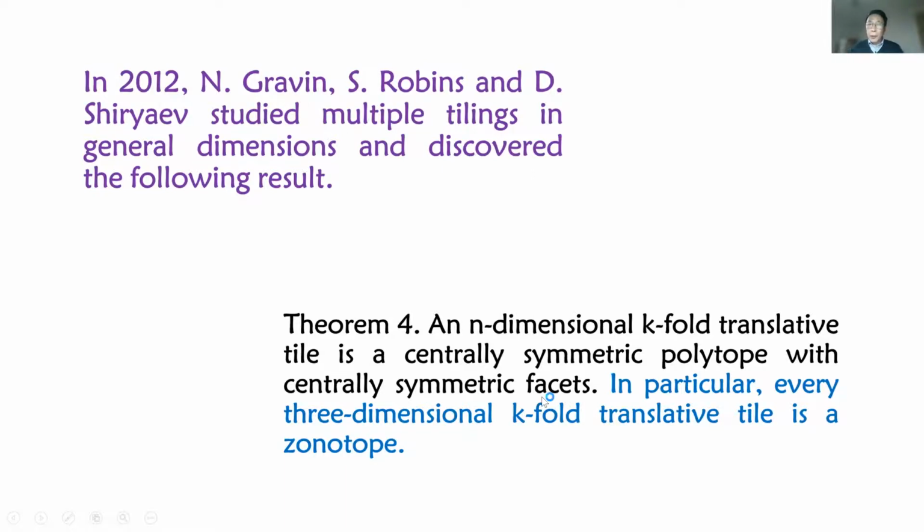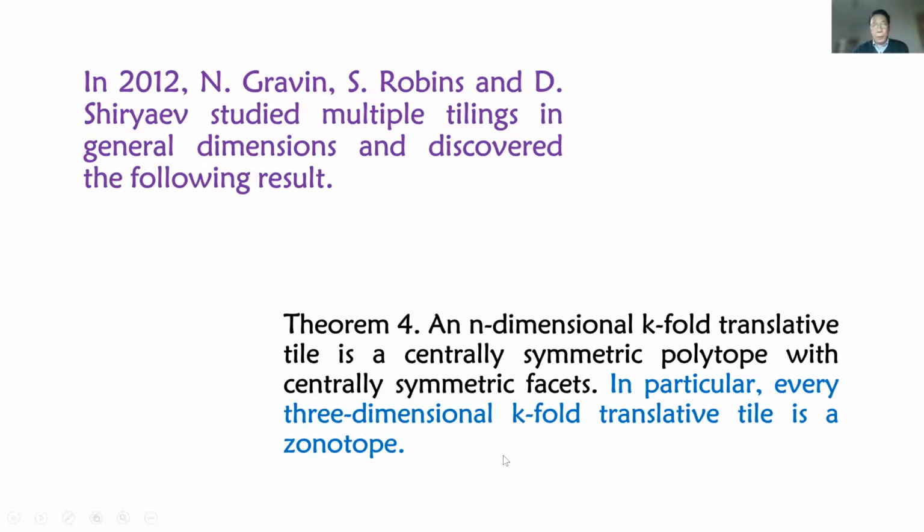This means not only the polytope itself is centrally symmetric, also the facets. So when the facets are centrally symmetric in 3 dimensions, in particular we can deduce the 3-dimensional k-fold translative tiling must be a zonotope. But in 4 dimensions or higher, this is no longer true.